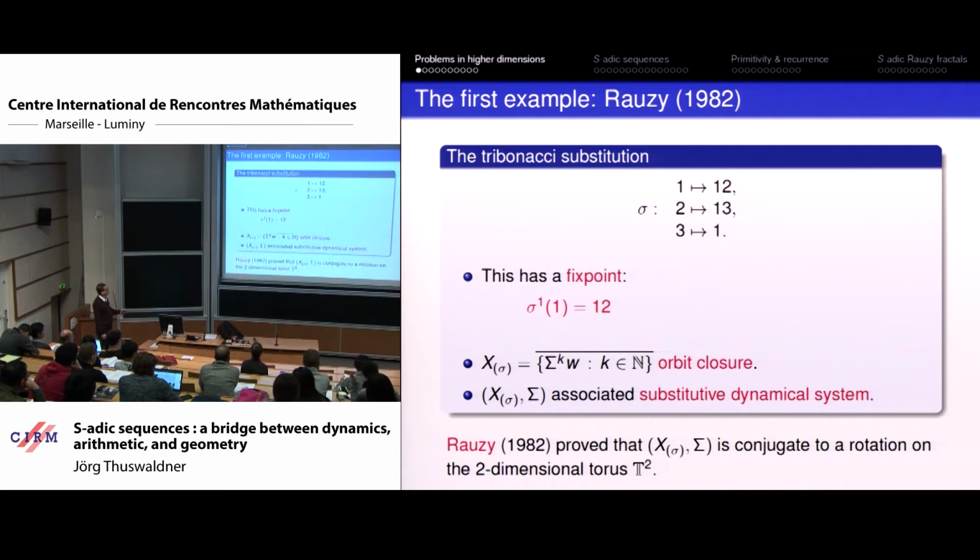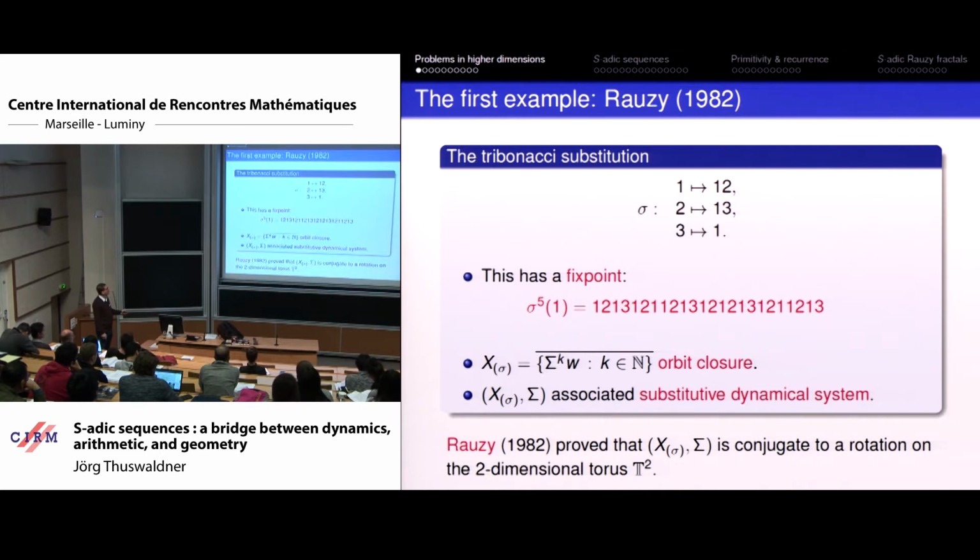If you hit it with the substitution once, 1 goes to 1, 2. And in the next step, you hit these letters with the substitution separately. So 1 goes to 1, 2, and 2 goes to 1, 3. So you get 1, 2, 1, 3. And since 1 starts with 1, the 1, 2 is maintained here, so nothing changes. It just gets longer and longer if you hit the word with the substitution. Here is the next step, the next step, the next step.